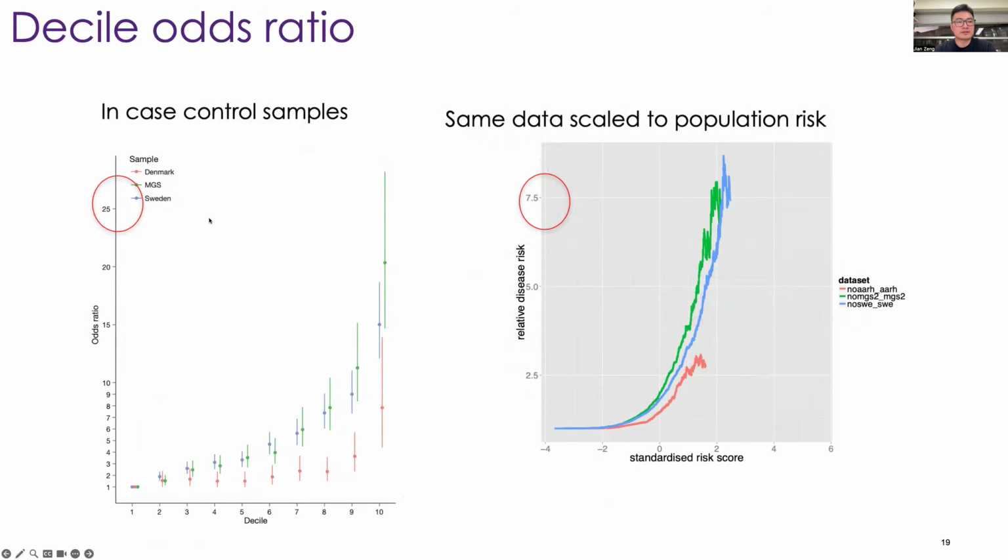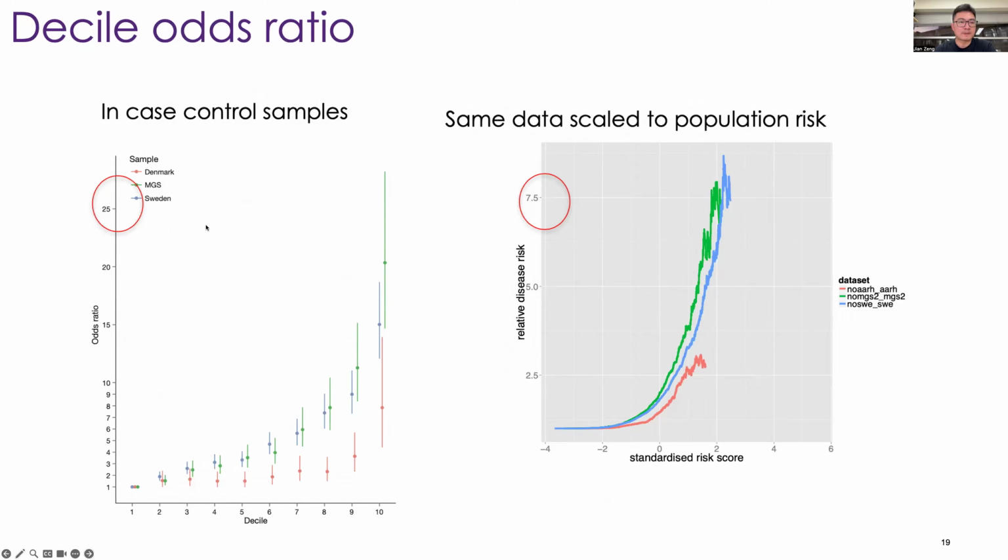So this slide shows an example where we look at these odds ratios in different cohorts, and this is what the results look like. If you compare the top decile to the bottom, this odds ratio can be as large as close to 25-fold. But these cohorts are case control samples.